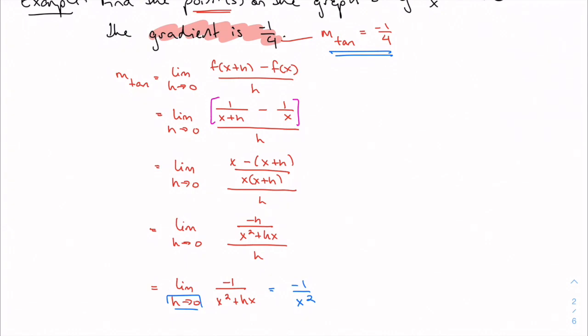So we've said that the slope of the tangent line is negative 1 over x squared. I also know that that needs to be equal to negative 1 over 4. Well, this of course means that x squared has to be equal to 4. And so x can either be plus or minus 2. All right, so we're still applying this tangent formula, but we're doing it with a little bit of extra information in mind.